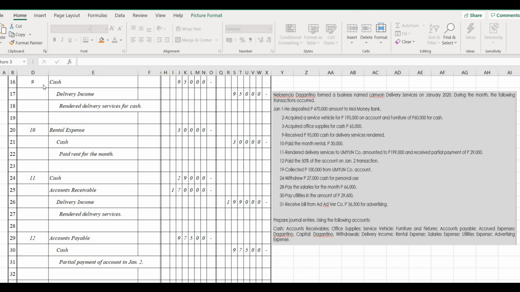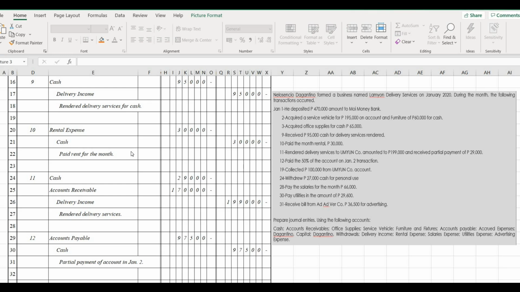So, the affected accounts are cash and delivery income. So, I have 95,000. Then for January 10, you have paid the month rental, the 30,000. So you have a debit to rental expense and credit cash now for 30,000. So paid rent for the month.